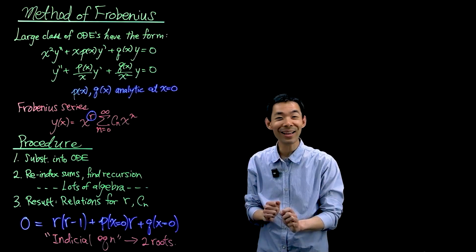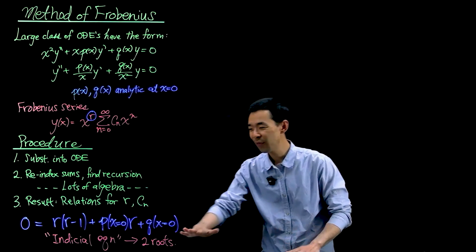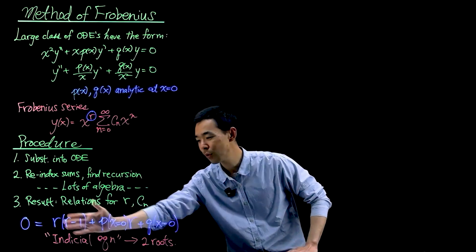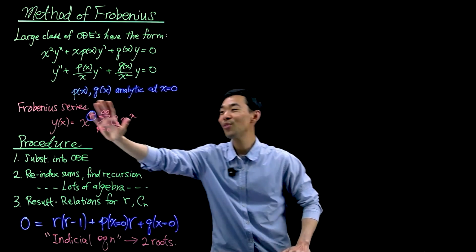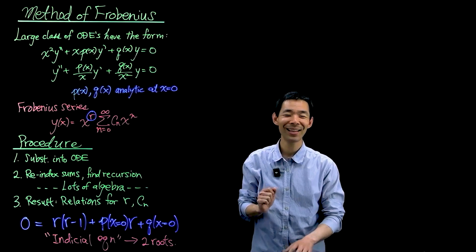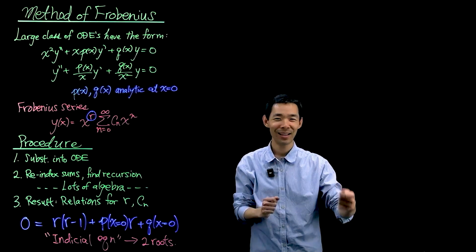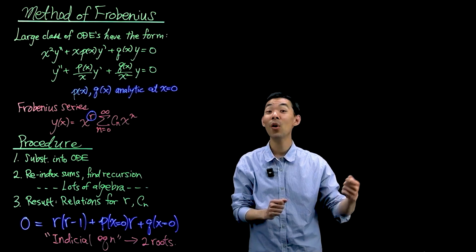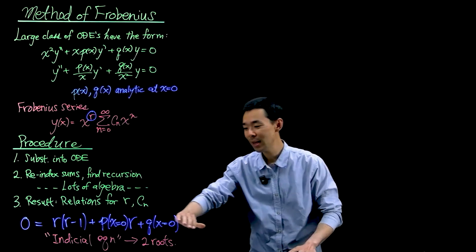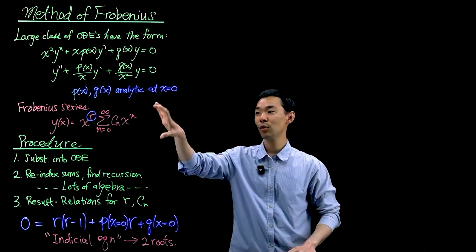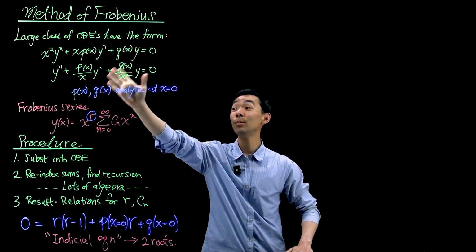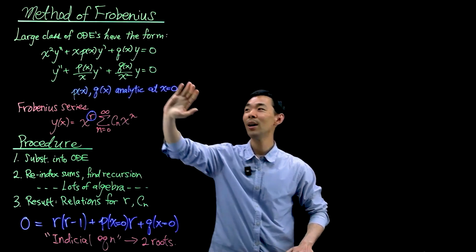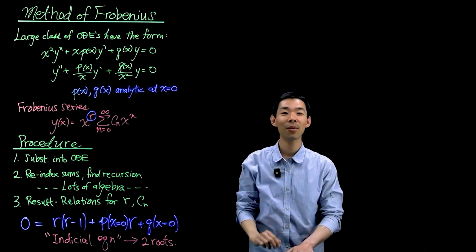And depending on the nature of those two roots, the solution to this quadratic equation, you get different solutions that you should guess to maintain the approach and keep going with the procedure. Depending on the nature of the roots, you should have different solutions of your Frobenius series that actually allow you to remove the singularity at x equal to 0 and are valid solutions to the second order ODE.